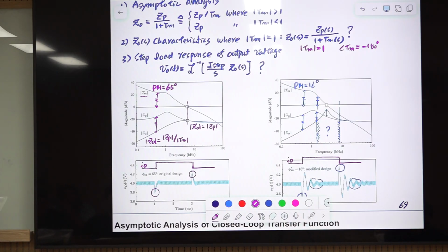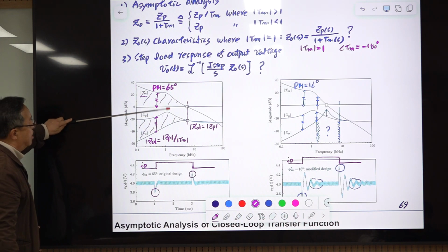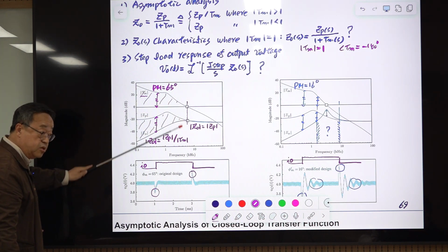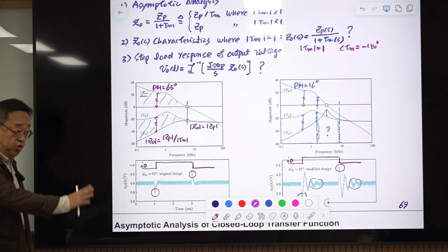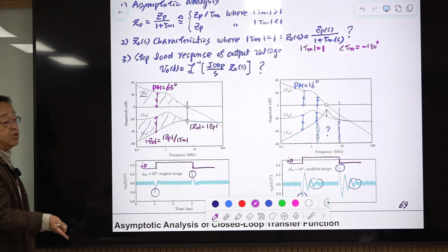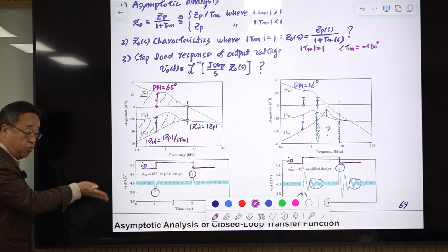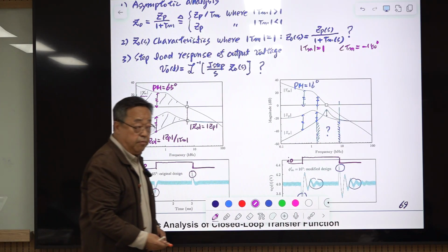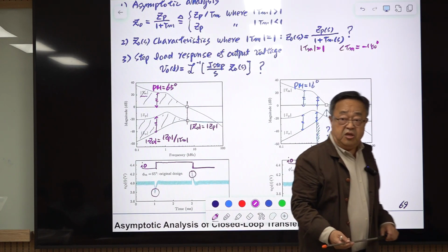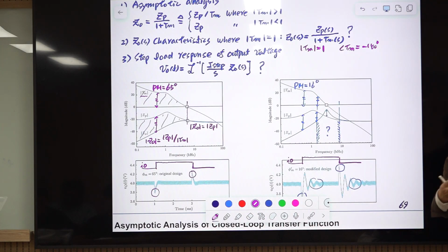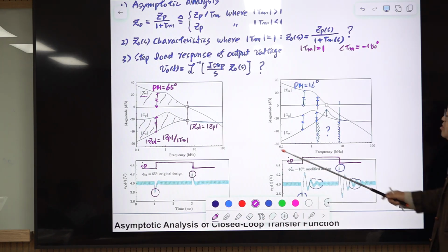The area of this region is the same as this. This represents the additional attenuation of output impedance from the open loop output impedance to the closed loop output impedance due to the presence of feedback control. This is one of the important reasons for using feedback control. Of course, the most apparent reason is to have our voltage regulated at a fixed voltage in the steady state. That is one, and another one is this one.